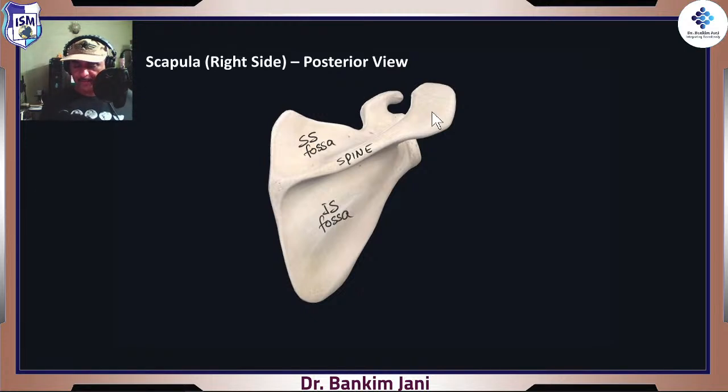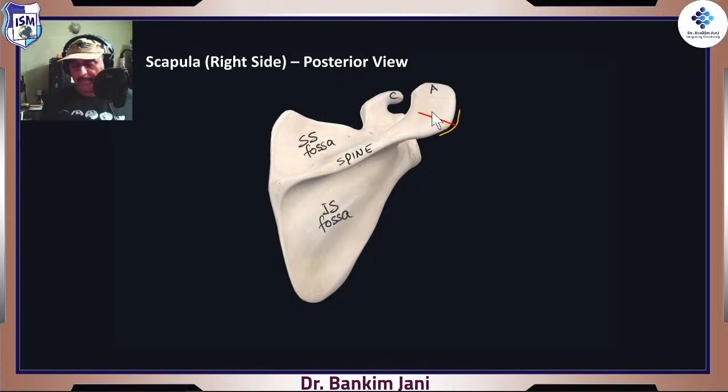That is the spine. This is acromion. This is coracoid. But we want to add something to this. See, there is one nice angle. Can you see this angle? Because this angle is so good, we would like to give some name to it.